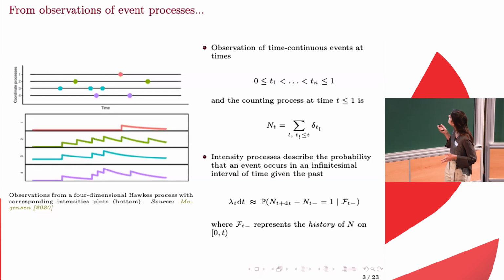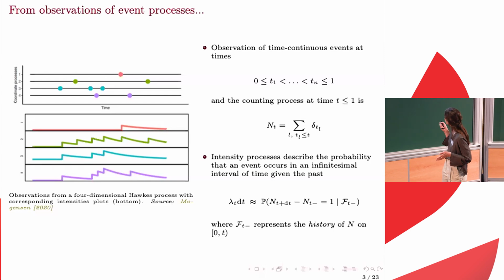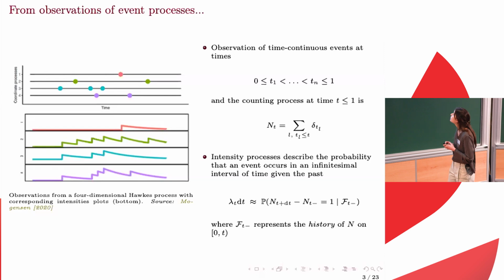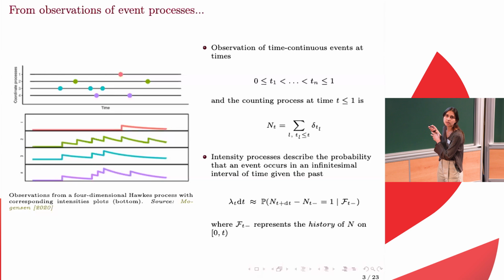Based on these random occurrences, I can define my counting process at a particular time t as a sum of Diracs. In essence, I count how many occurrences have happened before my time t. This is for one coordinate, but of course you can index it for all coordinates.